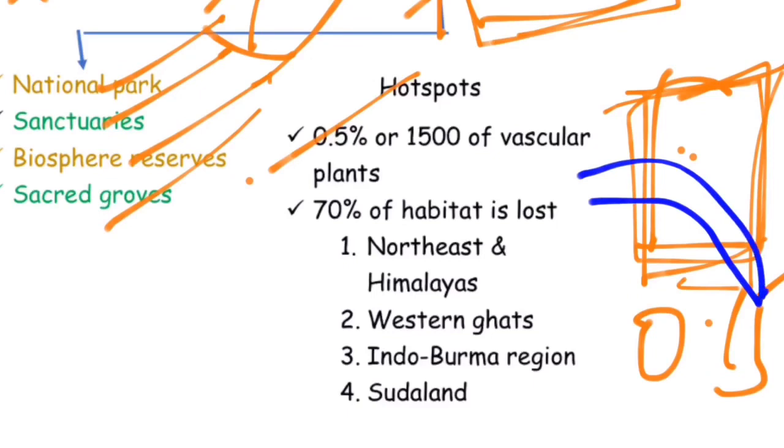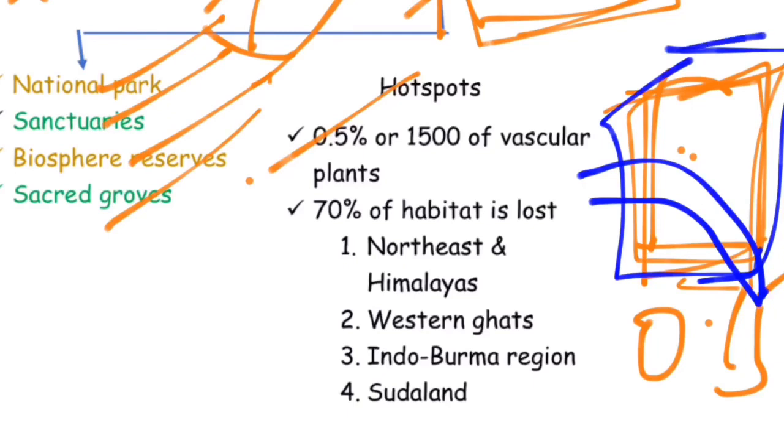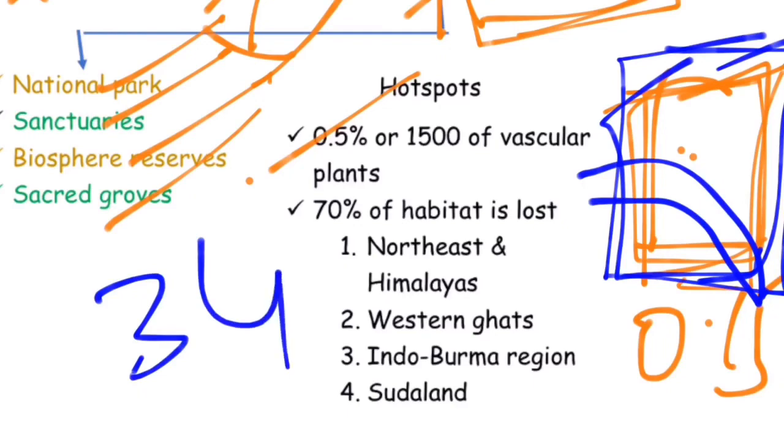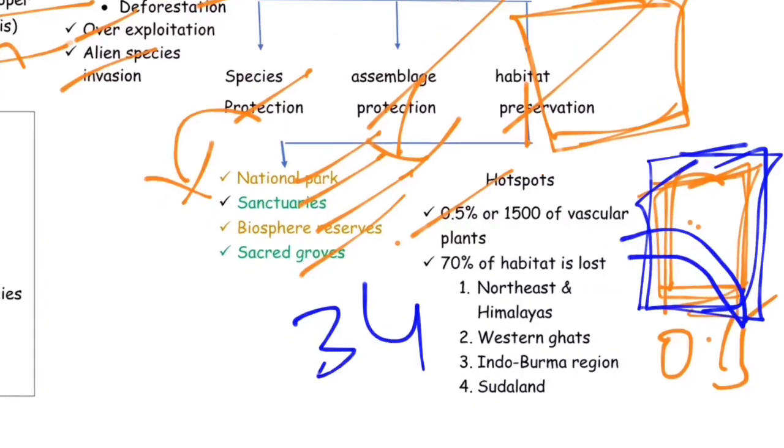Under such conditions, we can announce this area as a biodiversity hotspot. All over the world we have 34 biodiversity hotspots, and India has 3 biodiversity hotspots. Okay, this is about the conservation part.